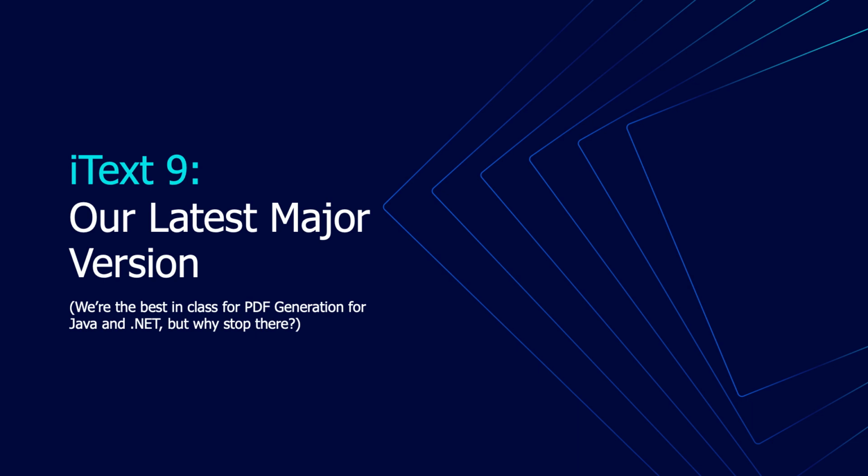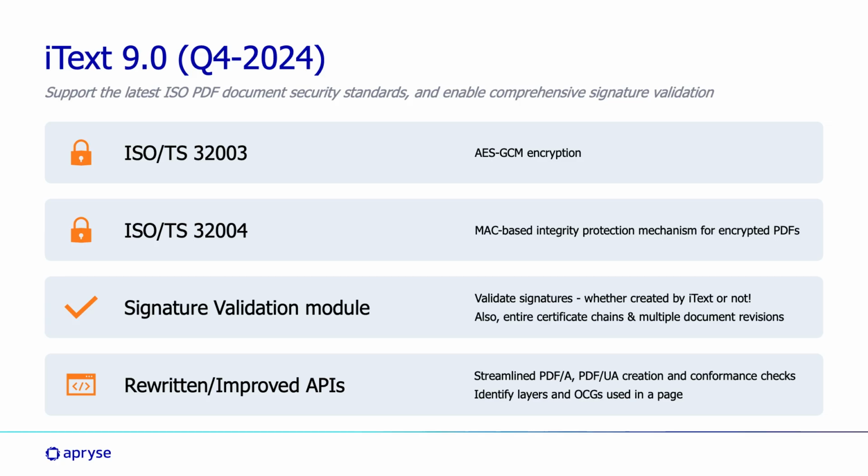Okay, so what did we introduce with iText 9? As I mentioned before, we were very engaged with our PDF creation and manipulation, and we wanted to shift things a little bit and move into security, digital signing, and all those things.